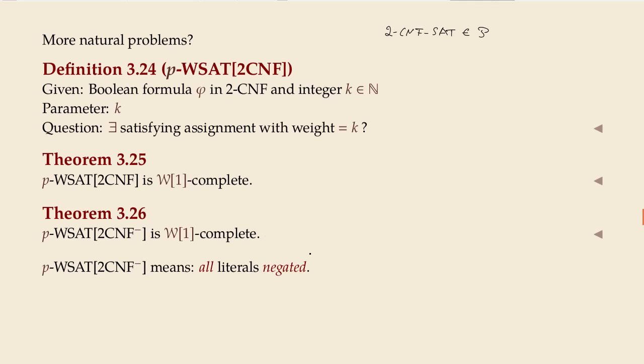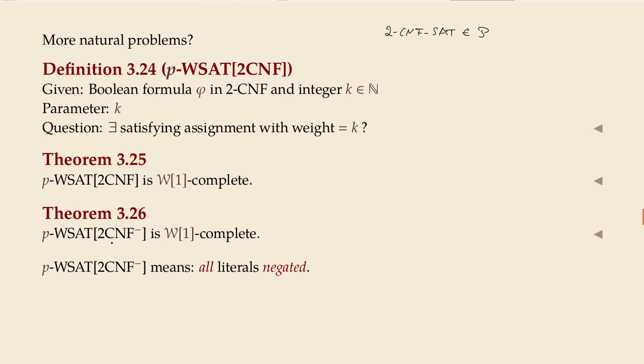So I'll just leave that as a black box. Some clever people have shown that these are complete, so I should mention what this is. If we add the minus here, then this means that all literals appear with a negation in front of them.